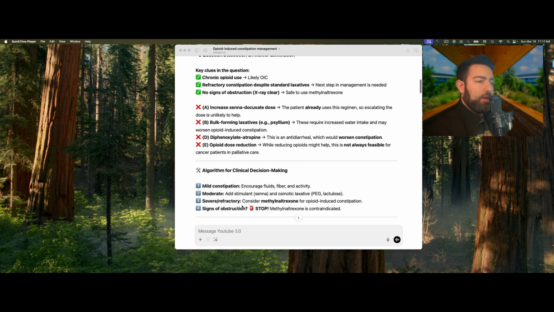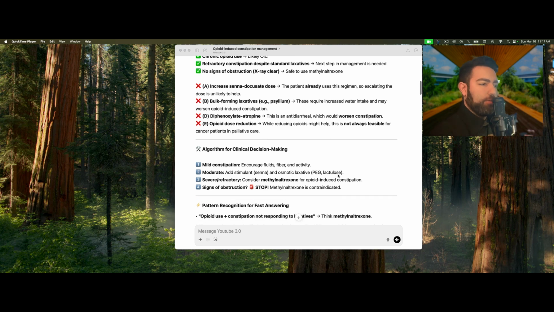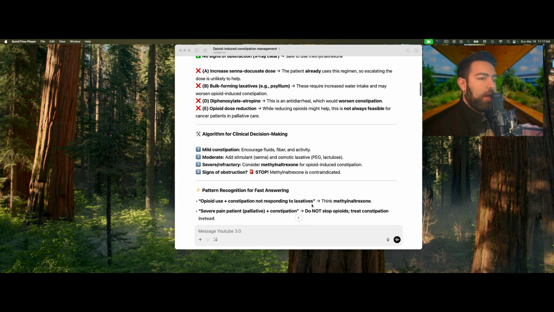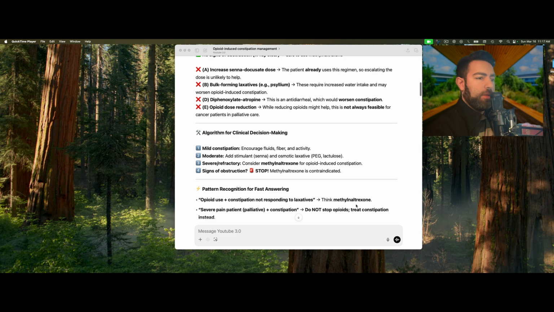Signs of obstruction, stop it, because methylnaltrexone is contraindicated in signs of obstruction. Always remember that. Question may be another question. If I ask this GPT-4o to create another question, it could basically tackle a case where it will present one that the x-ray shows obstruction, and then you're not able to order methylnaltrexone. So opioid use plus constipation, not responding to laxatives, think about the methylnaltrexone.